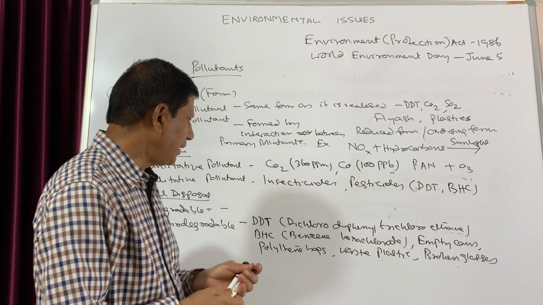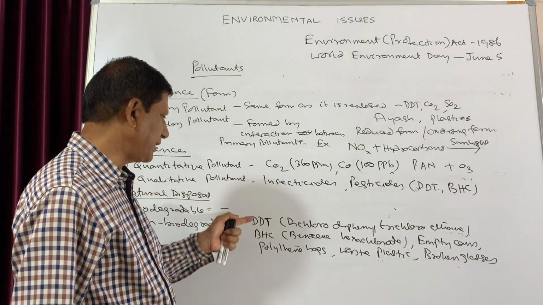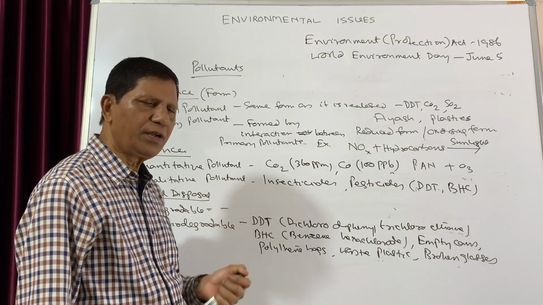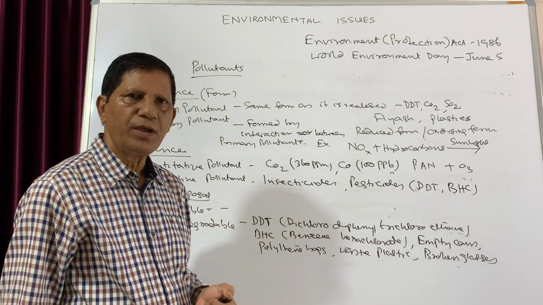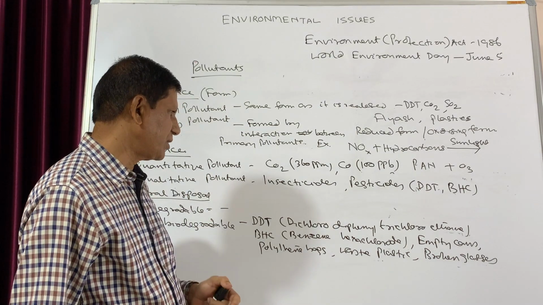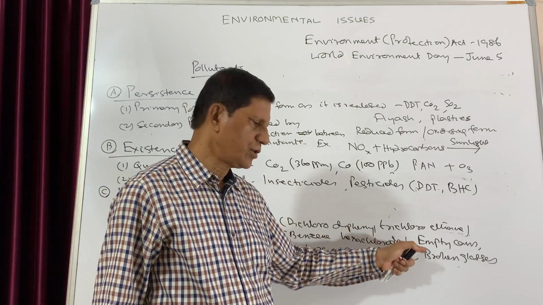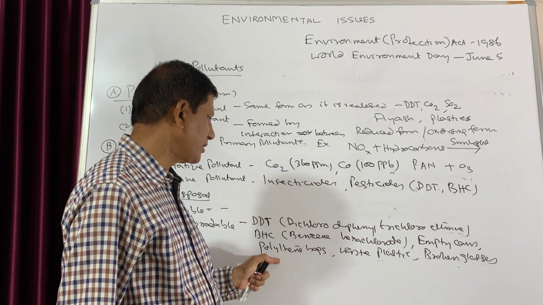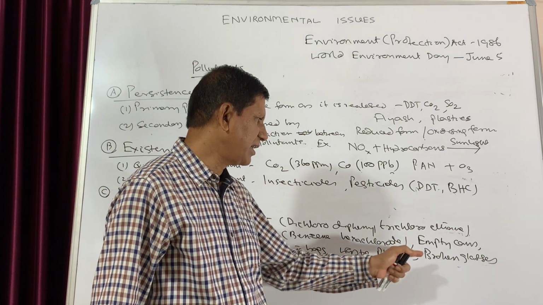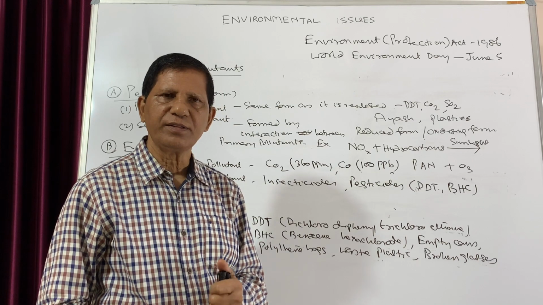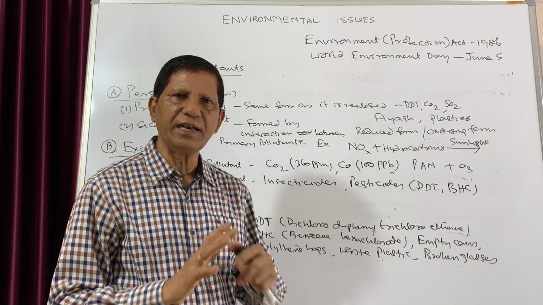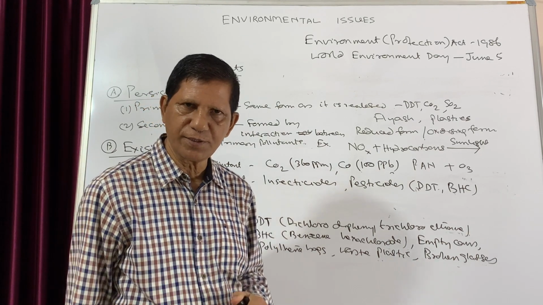Usually these are substances like DDT, BHC or gammexane, that is the pesticides, then empty cans, polythene bags, waste plastics and broken glasses. They do not usually degrade even if you keep them for centuries.